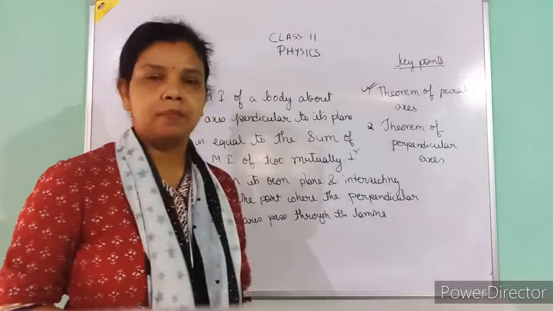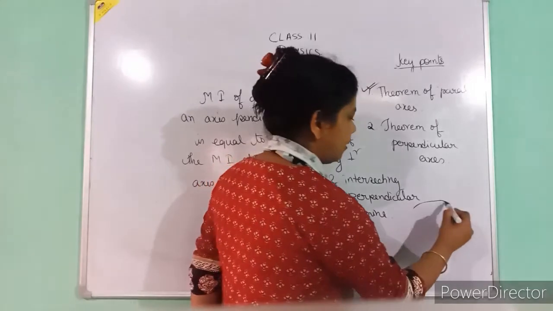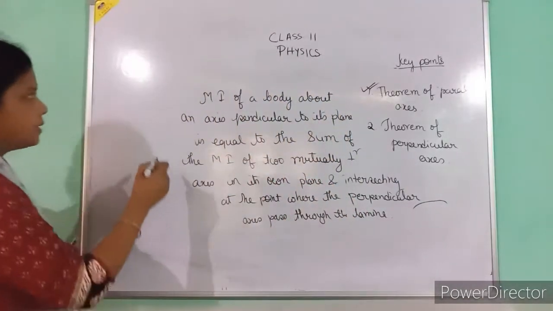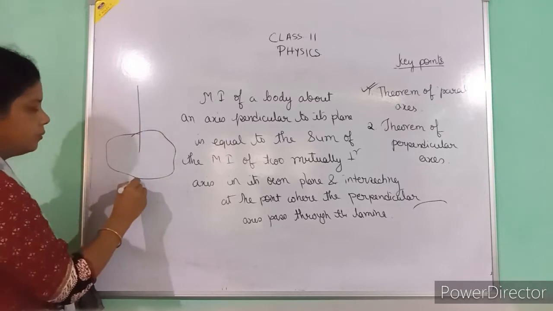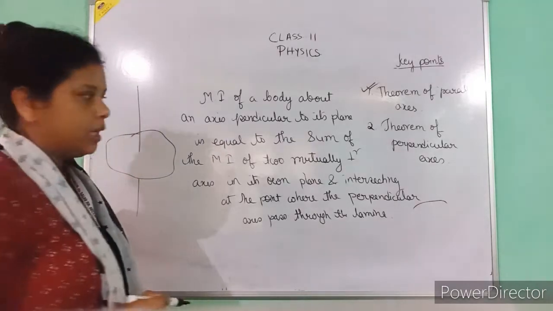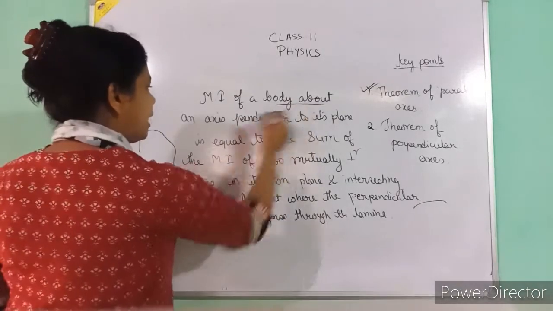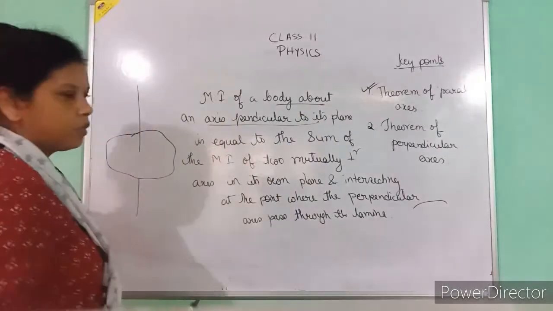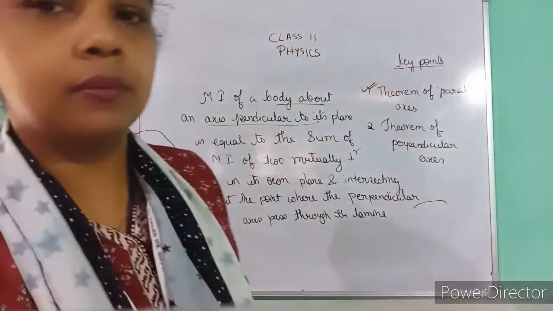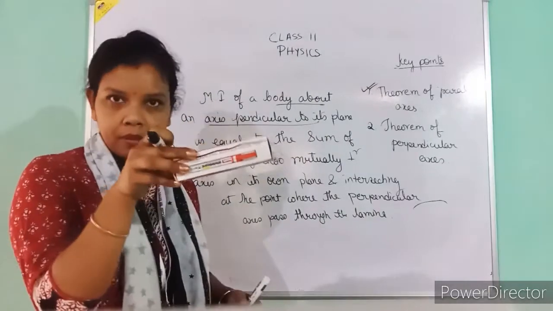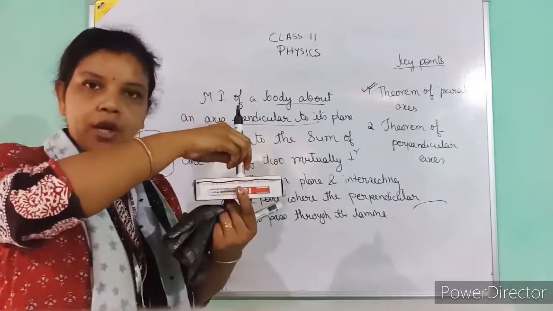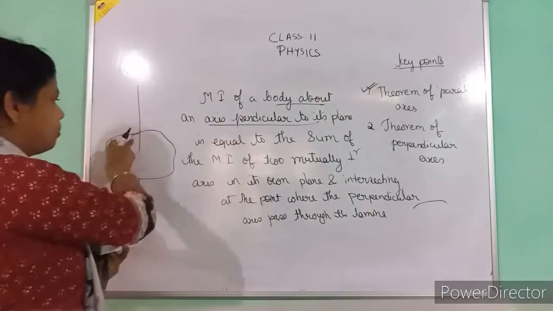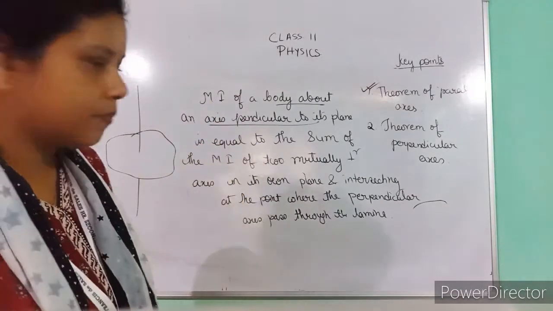What does this mean? Again I will take an irregular body so that it becomes easier for you. This is an irregular body and this is the axis, an axis perpendicular to its plane. So I consider this to be the body, and this is the plane of the body, and here I have drawn an axis, the perpendicular axis.